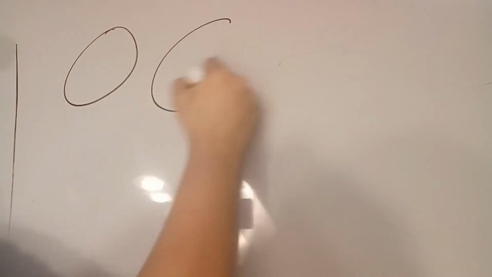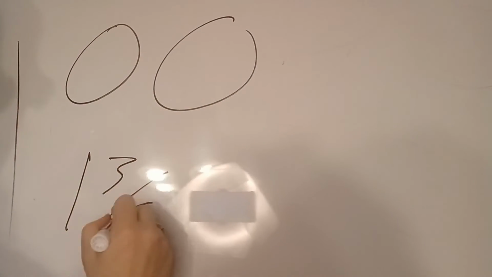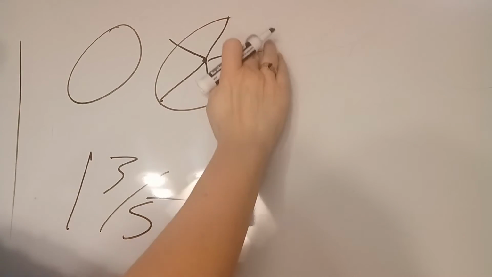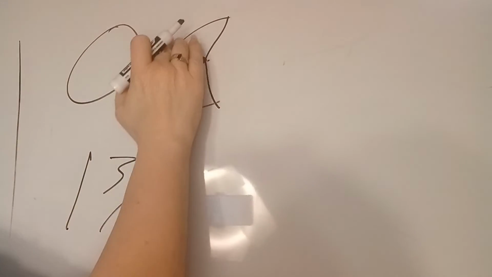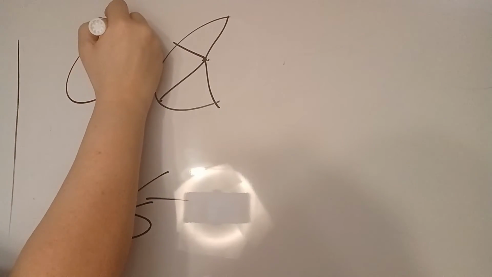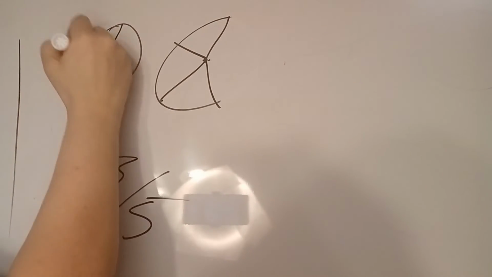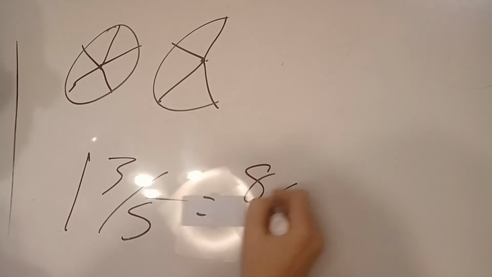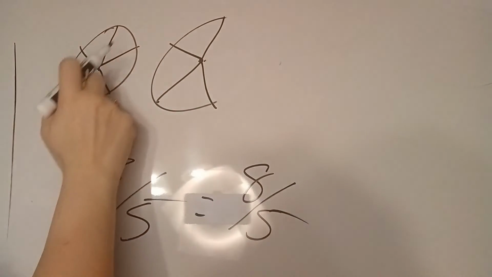Let's try this with a different number. We have 1 3/5. We'll split this one into 5 pieces, and we take 3 of them. So we have 1 3/5. We make it an improper fraction by taking this one and splitting it into 5 pieces. 1 times 5 is 5, plus 3 is 8. 8/5. 1, 2, 3, 4, 5, 6, 7, 8.